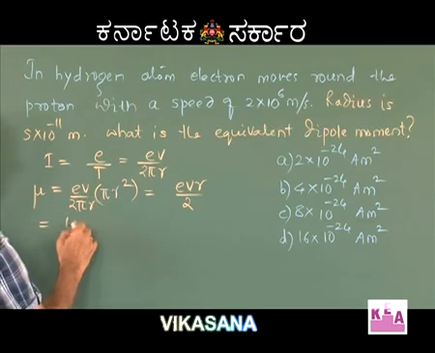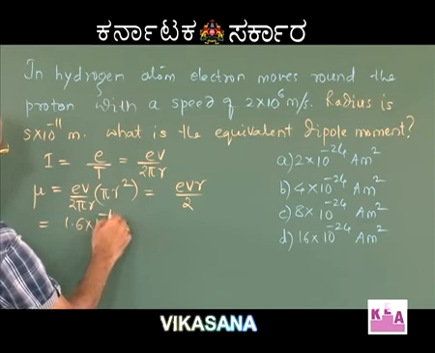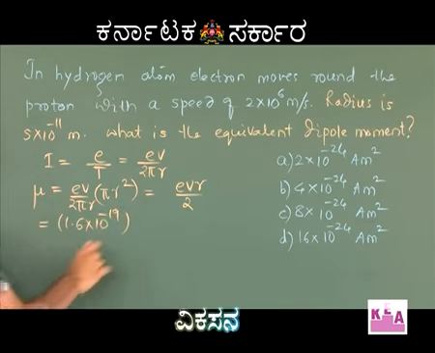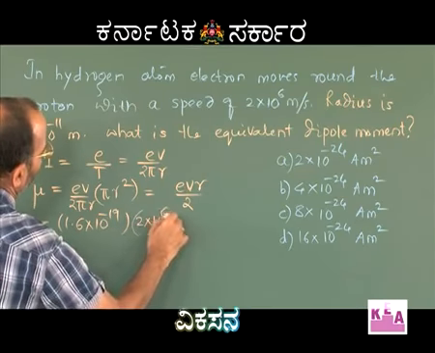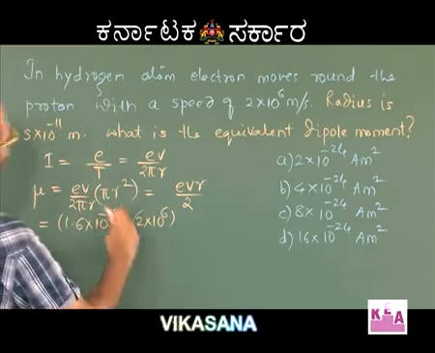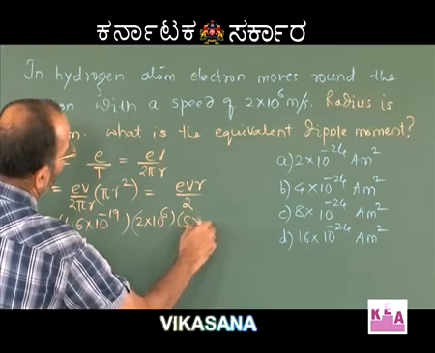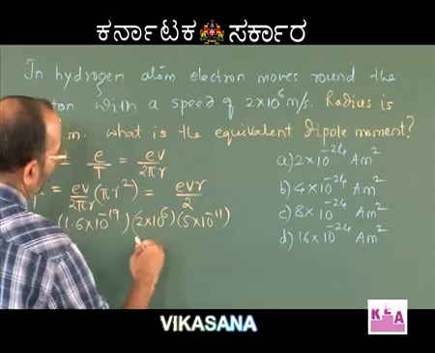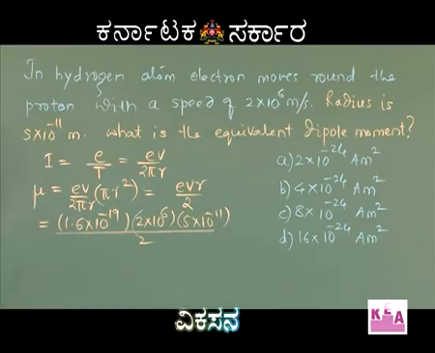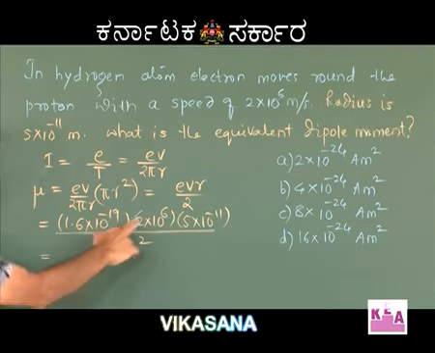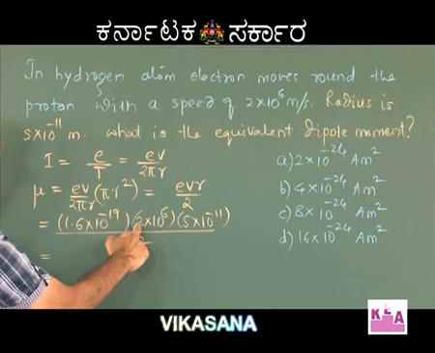So, E can be substituted as 1.6 into 10 to the power of minus 19, that is the electron charge. Velocity is given to be 2 into 10 to the power of 6 meters per second. The radius is given to be 5 into 10 to the power of minus 11 divided by 2. Fine. So, that makes it 5 2s are 10.